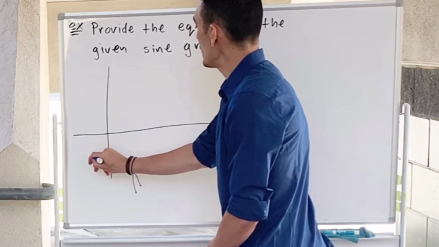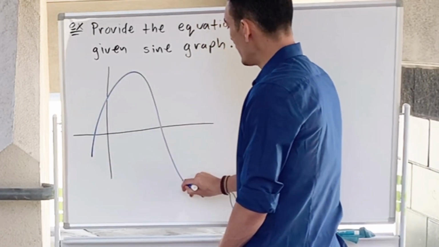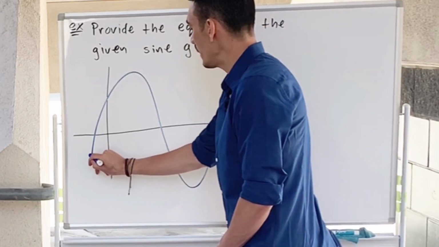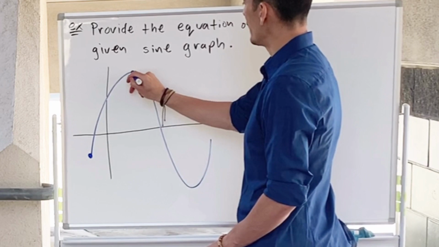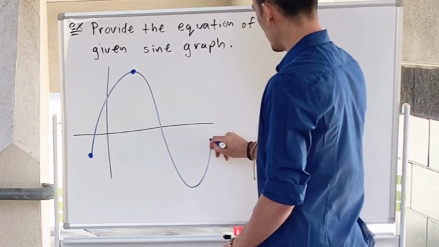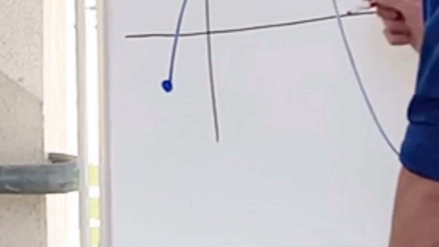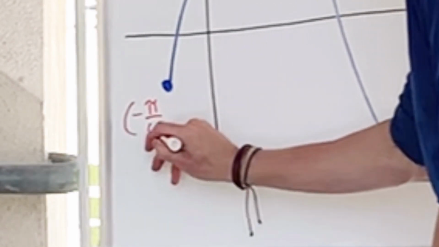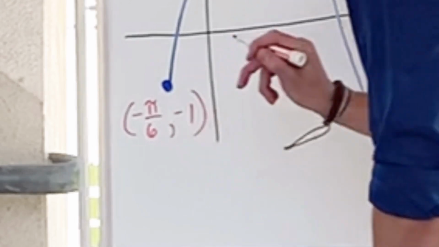So let's go something like this, and then something like that. Now I'll give you this point here, and this point there, and this point here. The start point is located at negative pi sixths, comma, negative 1.